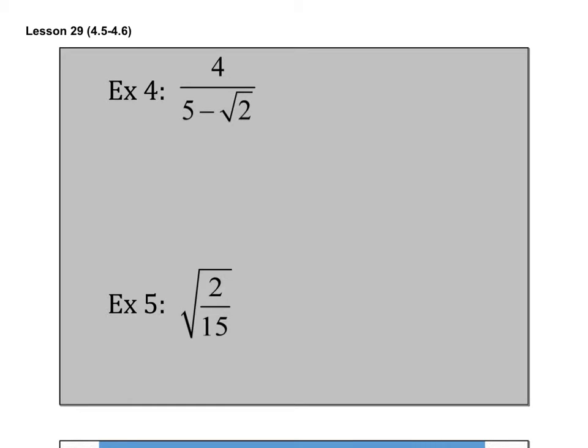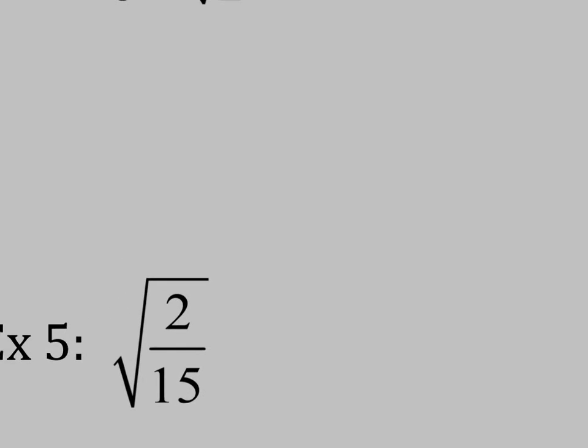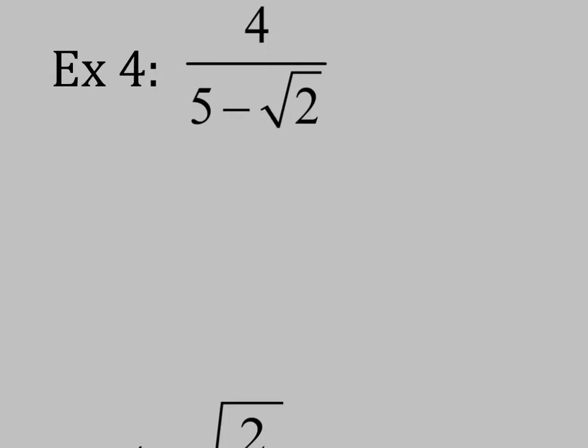Alright, so we need to simplify these. We're going to rationalize them, and I'm going to zoom in just a little bit on this first example. I want to multiply this by the conjugate, top and bottom. So I've got 5 plus square root 2, 5 plus square root 2. We're not changing its value, we're just changing its looks.